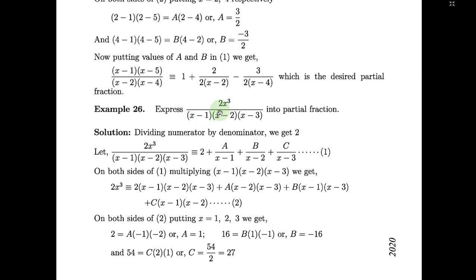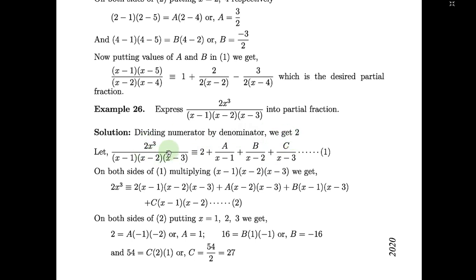So if you divide the numerator by the denominator, what will we get? The highest degree is x cubed, but here we have 2x cubed, so 2 will remain. Dividing the numerator by the denominator, we get 2.